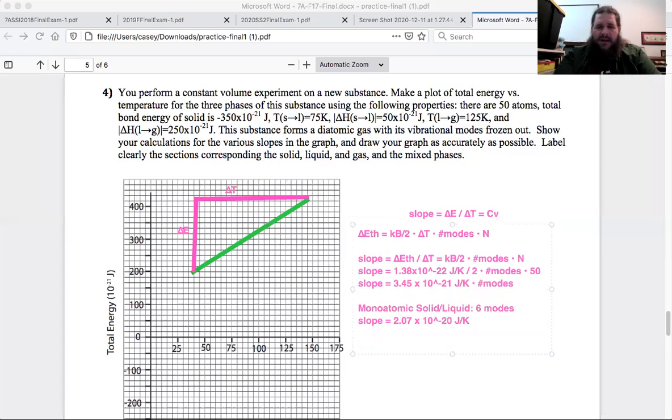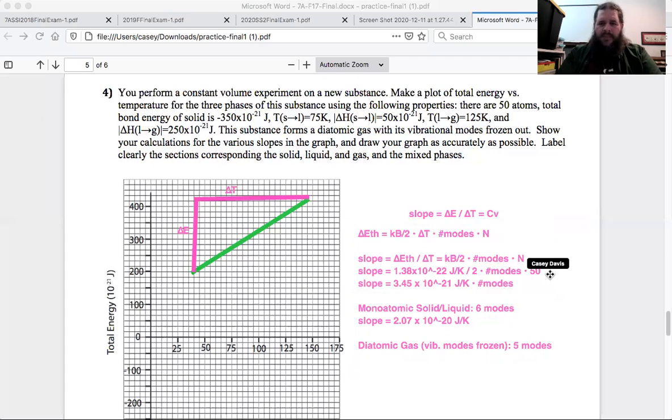But then when it turns into a gas, it becomes a diatomic gas with vibrational modes frozen. So how many modes would we expect that gas to have? 5. Yeah, it should be 5 modes per particle. So we have, oh, we have to be careful though, because if it's forming into a diatomic gas, if you've got 50 atoms and they form into diatomic molecules, how many diatomic molecules do you now have?